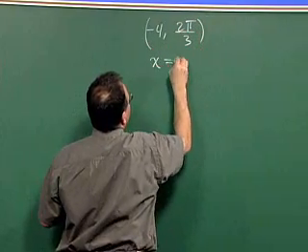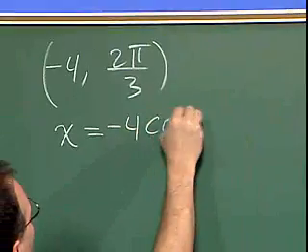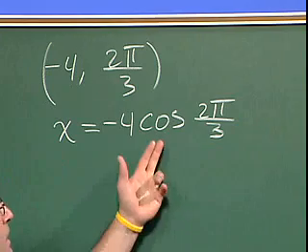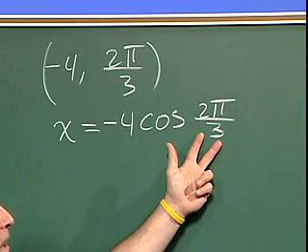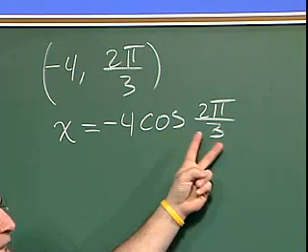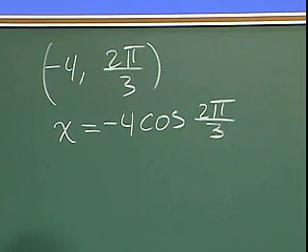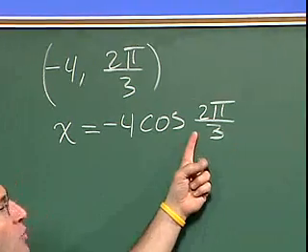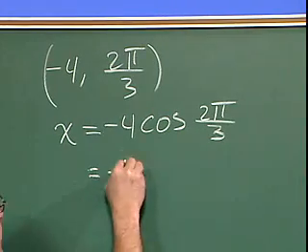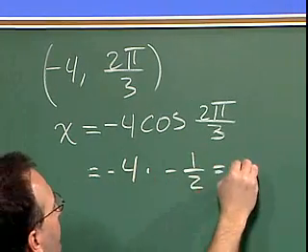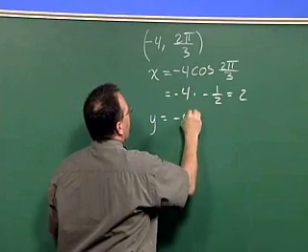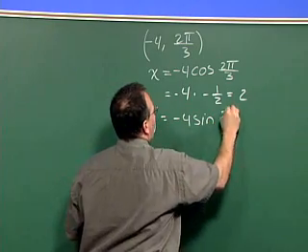So x is equal to r times the cosine of 2 pi over 3. Cosine of 2 pi over 3, of course, has the reference angle pi over 3. Cosine of pi over 3 would be 1/2, and cosine is negative in quadrant 2, so -1/2. -4 times -1/2 gives me +2. y is equal to -4 sine 2 pi over 3.